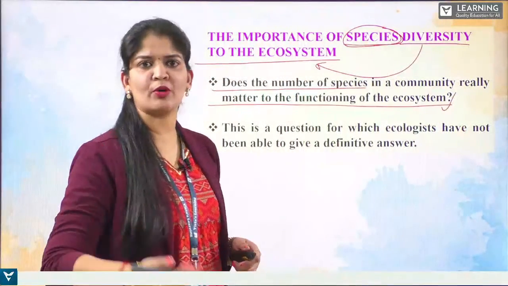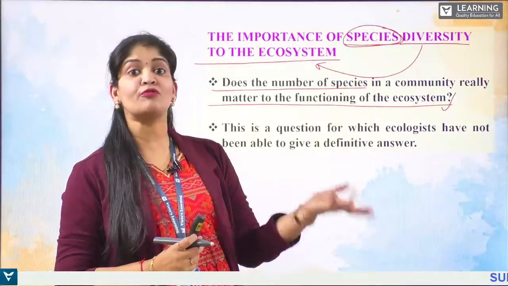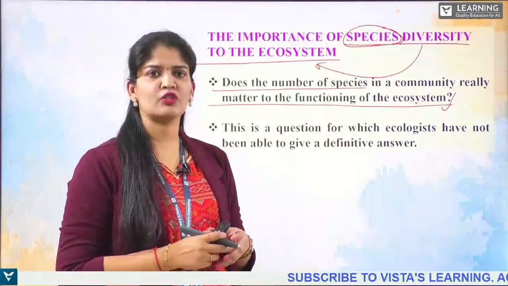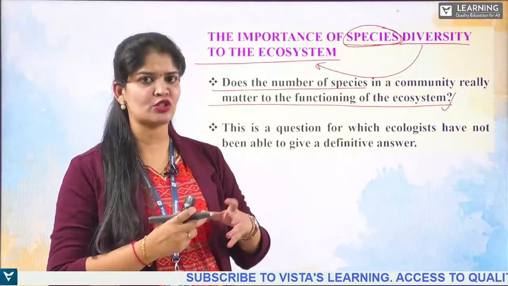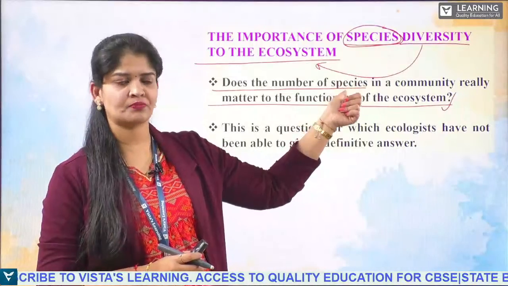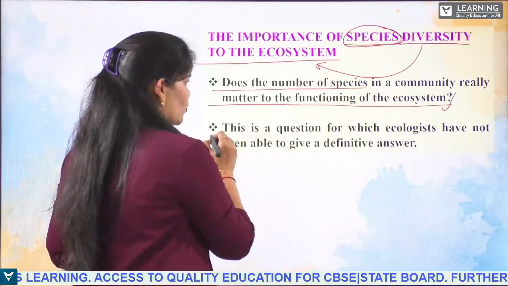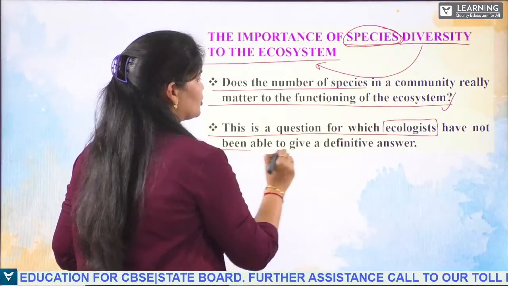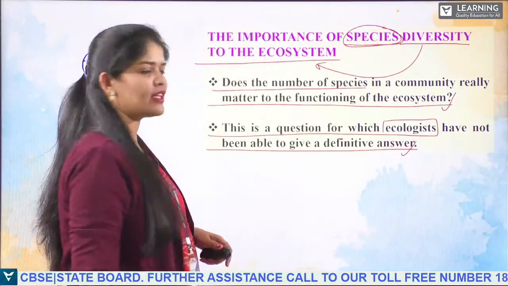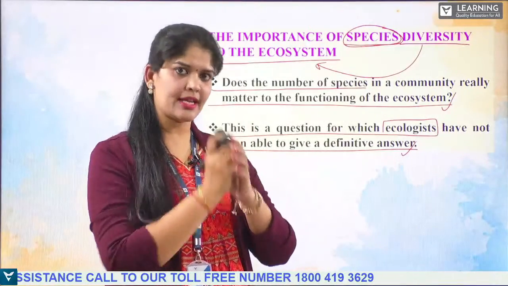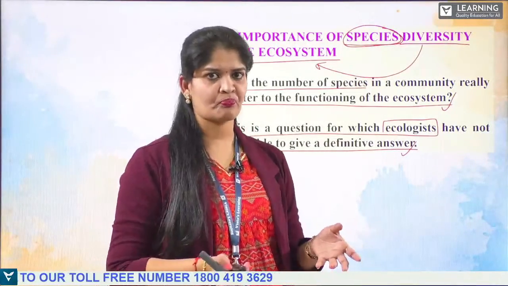Functioning is nothing but productivity, decomposition, energy flow, and nutrient cycling. These are all the functions of the ecosystem. To perform all these functions, does the number of species really matter? This is a question for which ecologists have not been able to give a definite, consolidated answer, whether it is yes or no.